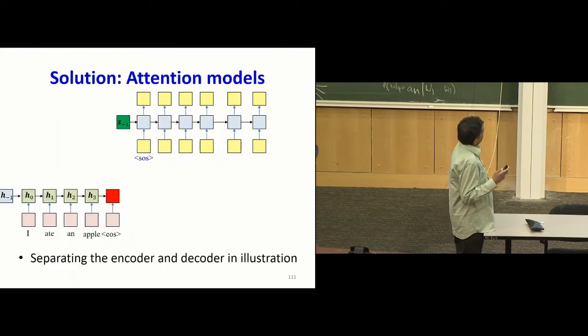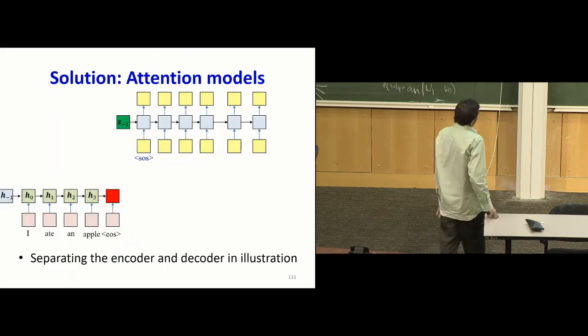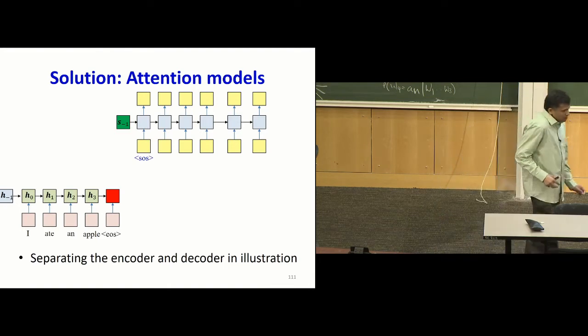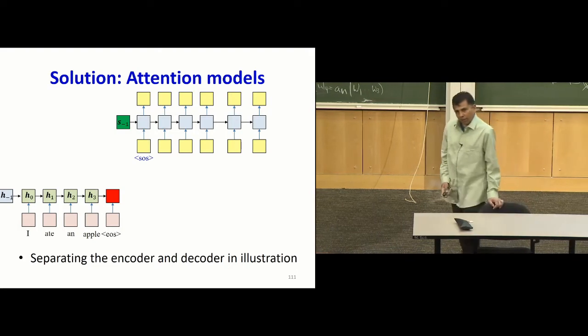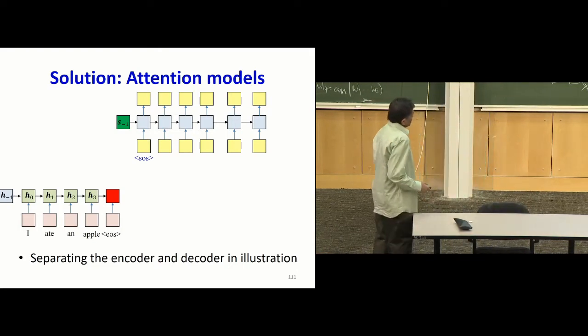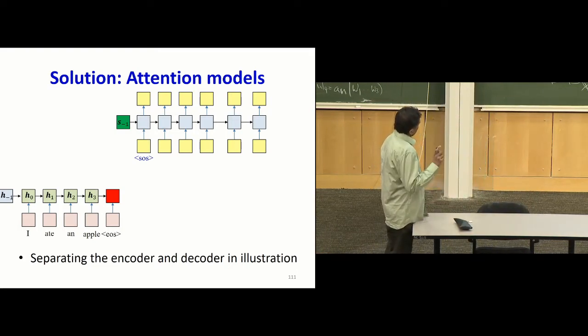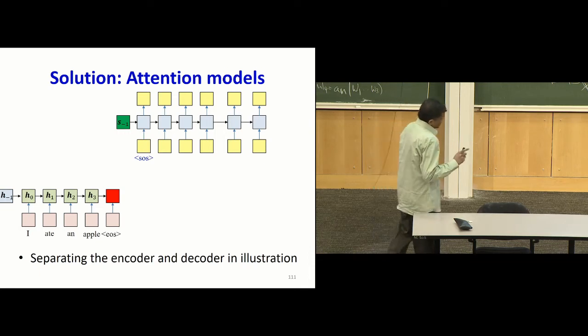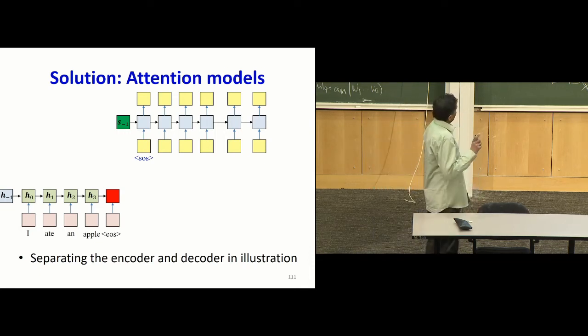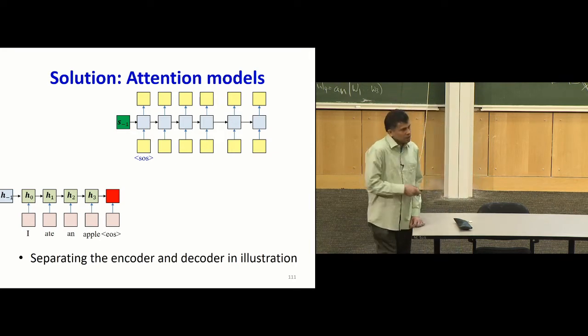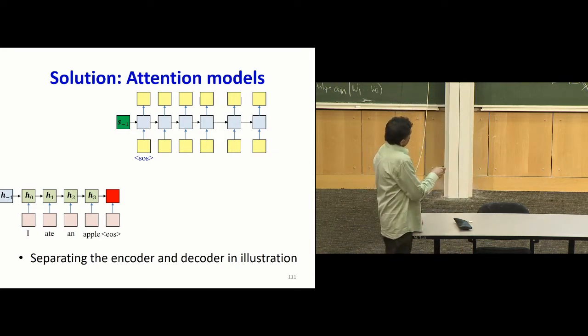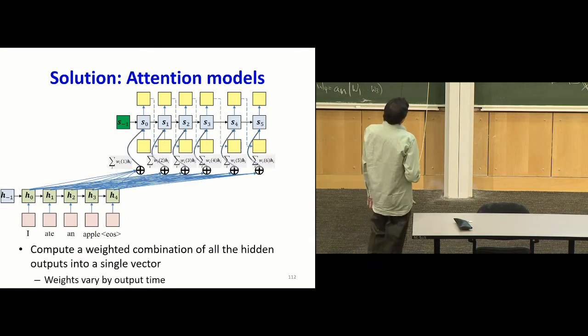So to handle this, we come up with a simple variation on the basic model, which is the attention model. Now, to illustrate what happens in the attention network, first I'm going to separate the encoder and decoder portions of the network. So this first portion is the encoder, this is the decoder, and here's how the model operates.